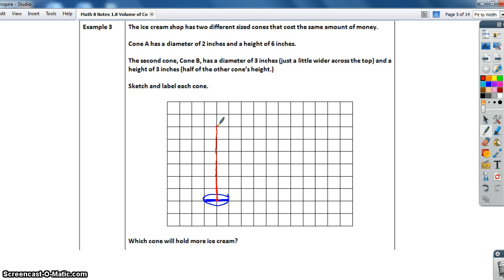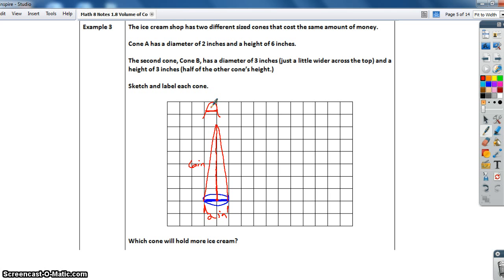And then now we have a long, skinny cone. Bring that down. So we have 6 inches, and this is 2 inches. And we'll label that cone A.